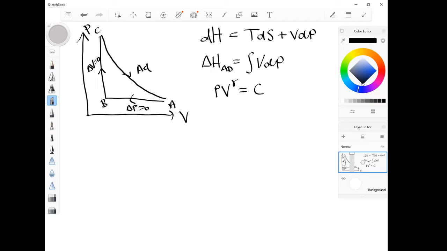And then we can substitute that in. So that implies that we have A to the 1 on gamma, dP, P to the 1 on gamma. And then you can integrate that and you get there.